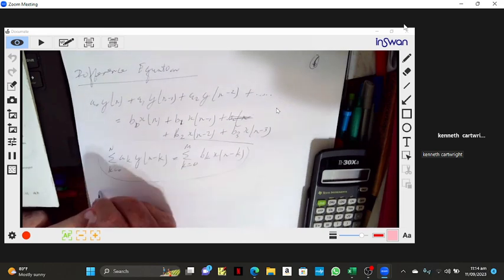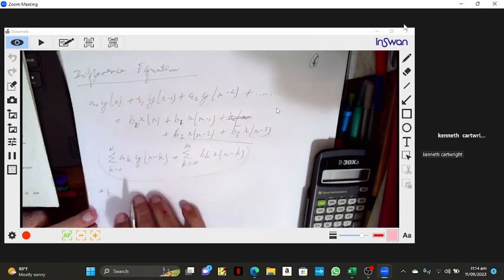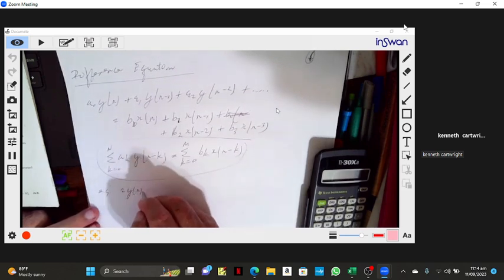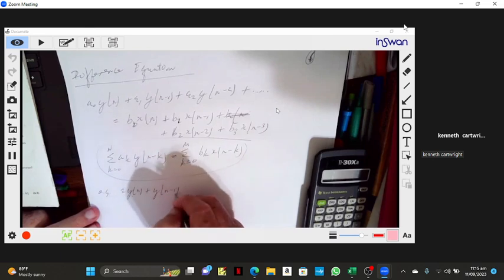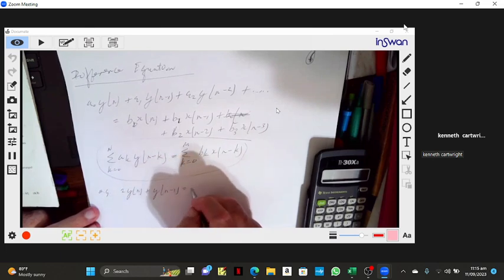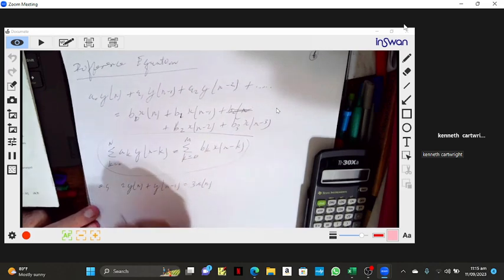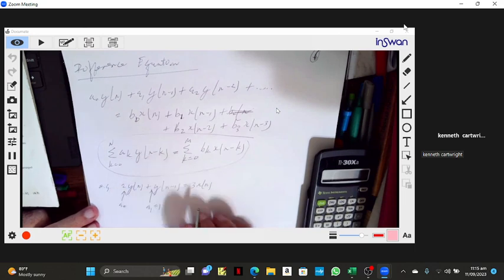Let me give you an example. 2y of n plus y of n minus 1 equals 3x of n. Clearly, that's a0 equals 2, a1 equals 1, and b0 equals 3.